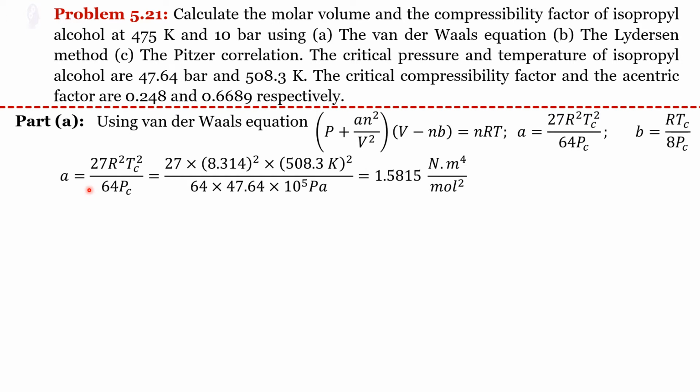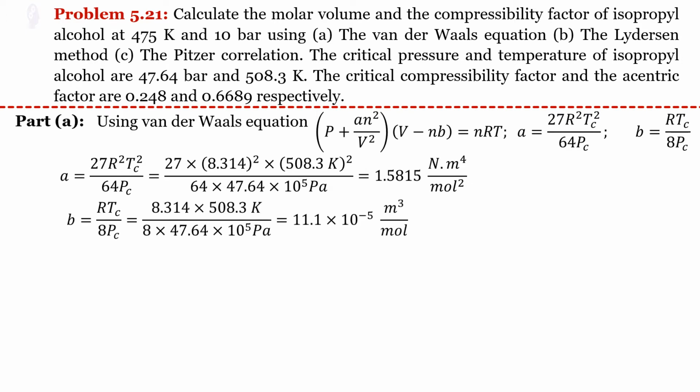The critical pressure and temperature of isopropyl alcohol are 47.64 bar and 508.3 Kelvin. Simply substitute all values and we get the parameter a. In the same way we can estimate the value of b. So this is the value of b.